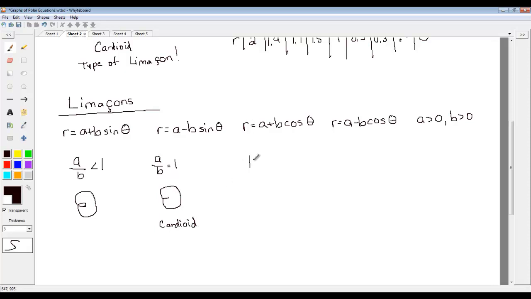If a over b is greater than 1 but less than 2, we have one with a little dimple, not so much heart-shaped. And if a over b is 2 or bigger, it'll be kind of flat there. It's almost like a tomato without the stem. So it won't dimple in. It'll be kind of flattish there and round everywhere else. But those are all examples of limaçons.